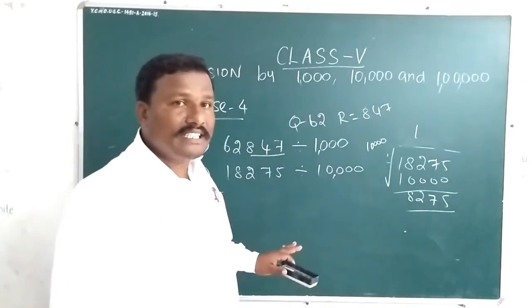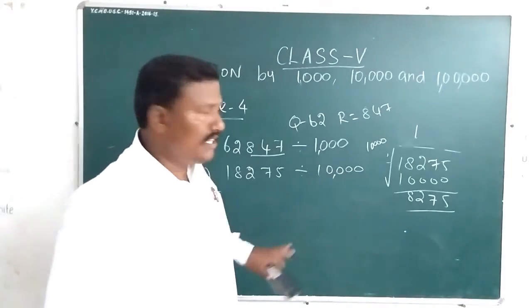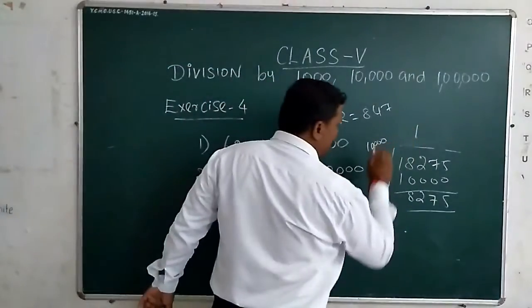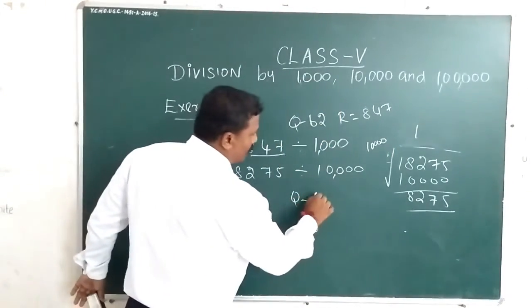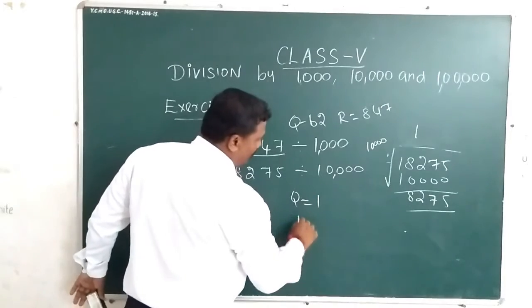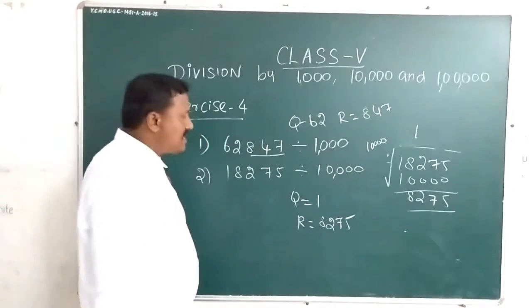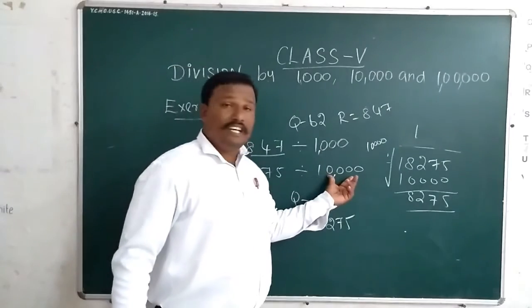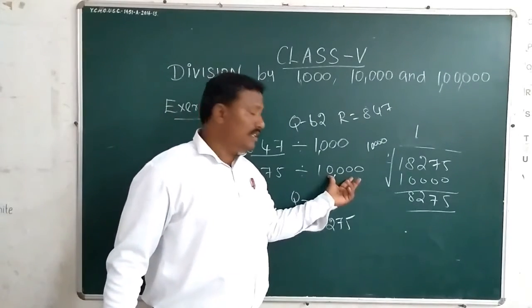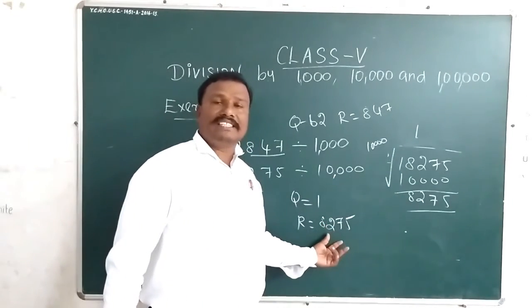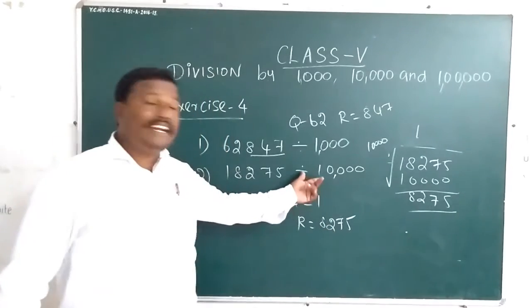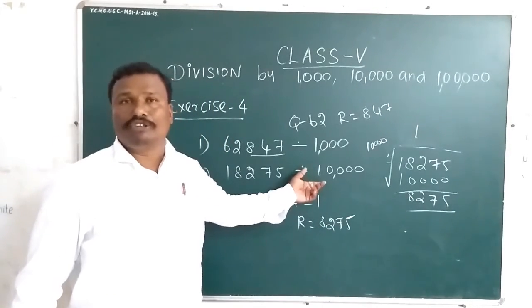We cannot divide more than this. So only one time we can divide. So the quotient is 1. The remainder is 8,275. How many digits are there? 4 digits are there in 10,000. So the 4 digits you have to take as a remainder. Then the remaining rest of the digits you have to take as a quotient.